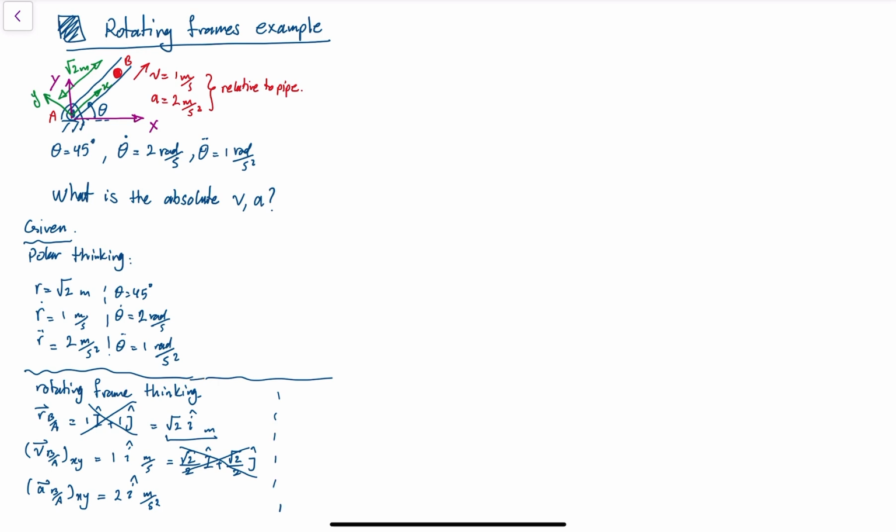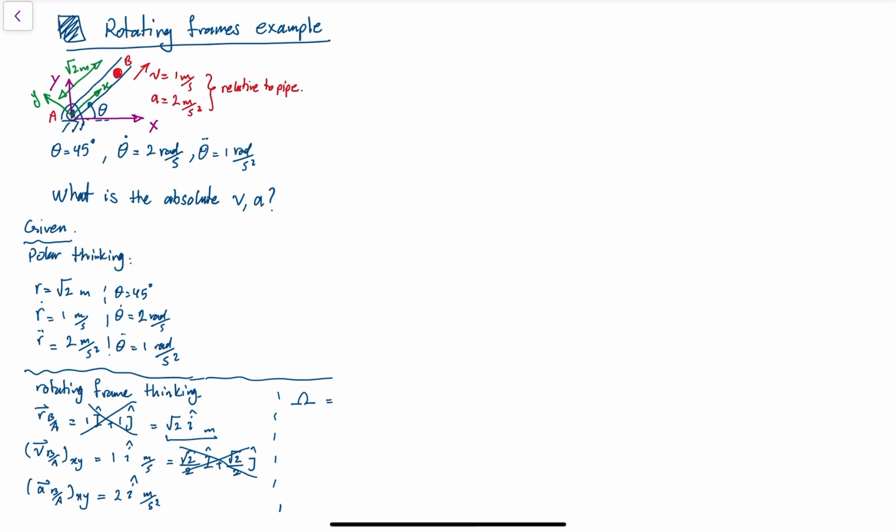The other things we need to translate are the angular motion. Note that as the pipe turns with angular velocity of 2, the frame turns with the same rate in the same direction. And in our notation, to distinguish whether a body is rotating or a frame is rotating, we use capital omega to denote rotation of the frame, just a notation.